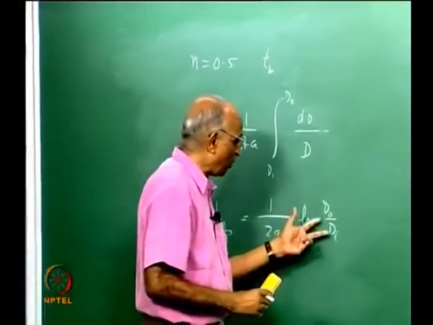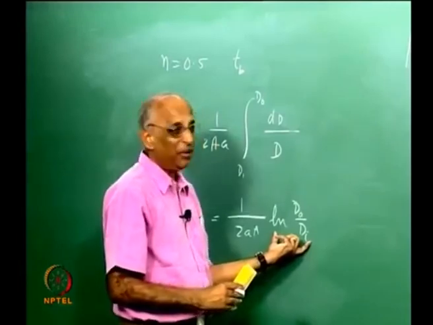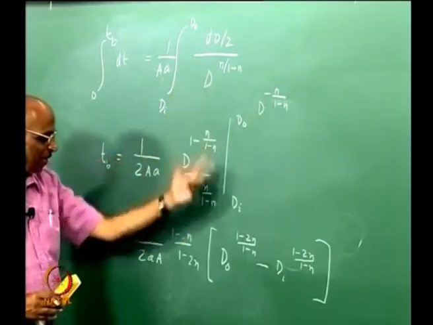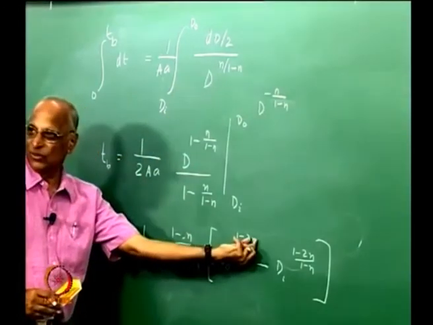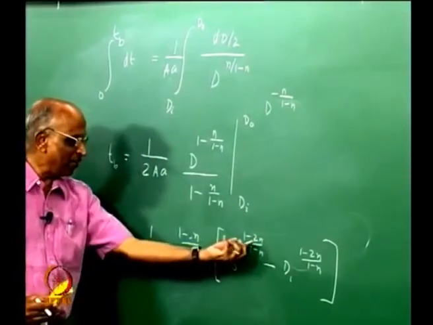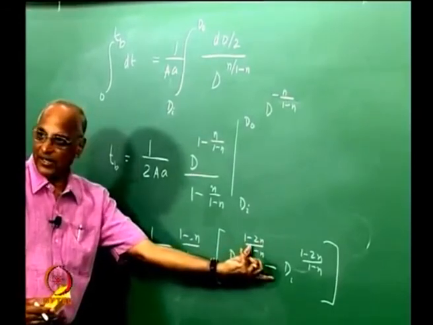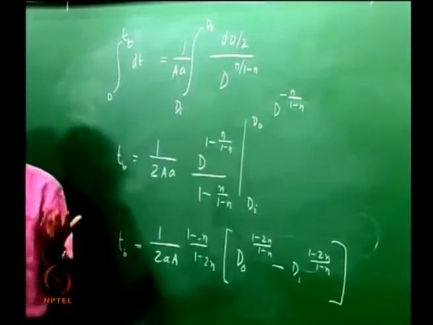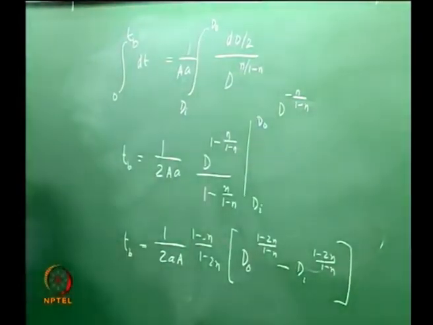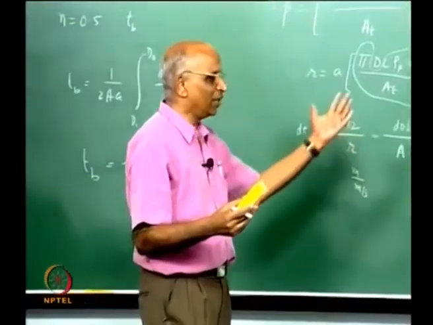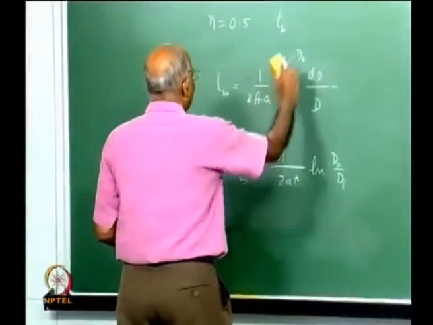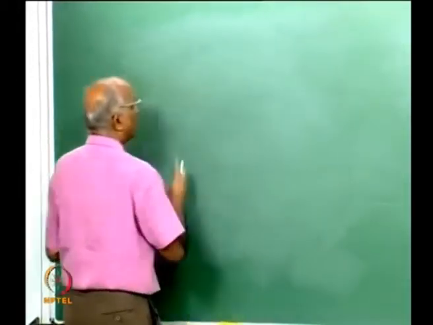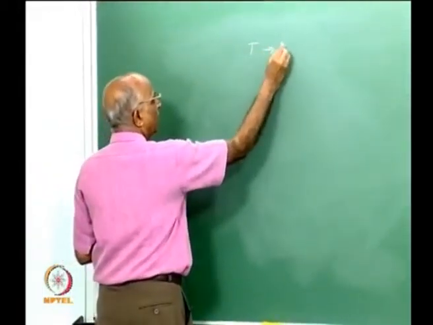That means for n equal to 0.5 I need to use an ln form, because when I substitute into the earlier expression I will not be able to get a value for n equal to 0.5, and similarly if n is equal to 1 I get all erratic things, and we found n equal to 1 is not possible. We are able to get all the solutions under the limiting cases, and this is how a cylindrical grain will be designed. Therefore, what is it we have done in today's class? We looked at the effect of temperature on burn rate.